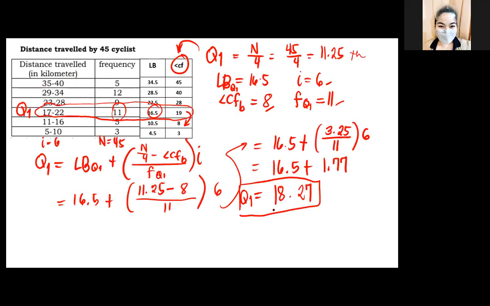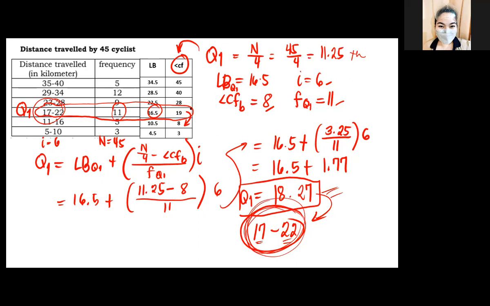Pansinin niyo, si 18.27, siya ay nasa pagitan ng 17 to 22. That's one way of checking kung tama yung answer mo. Pag lumampas kayo dito sa lower class limit at sa upper class limit, ibig sabihin may mali kayo sa ginagawa. Okay?